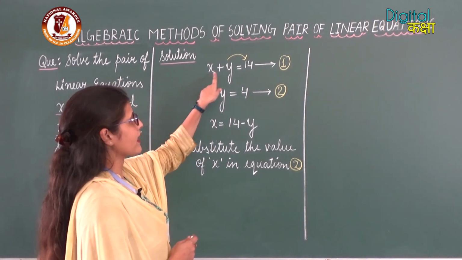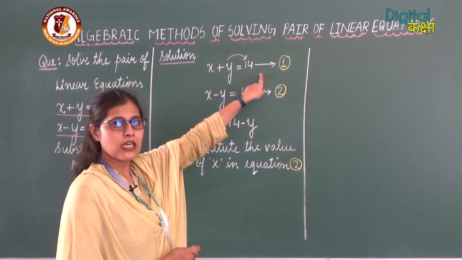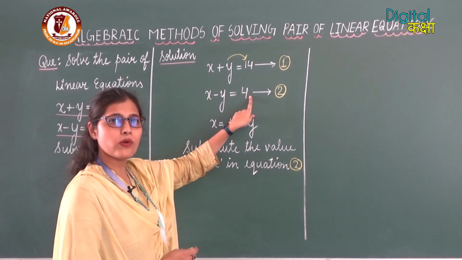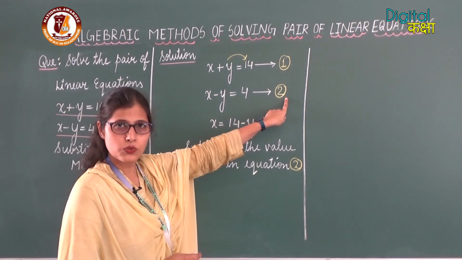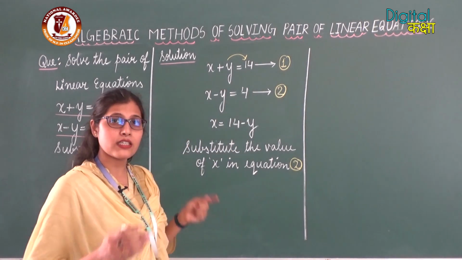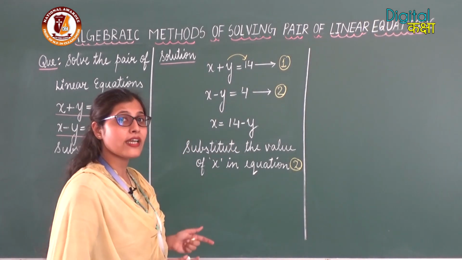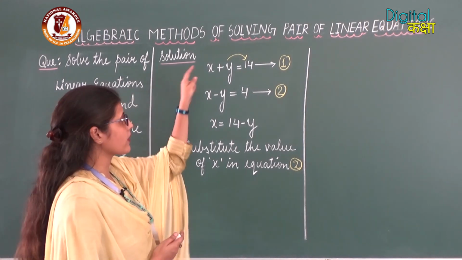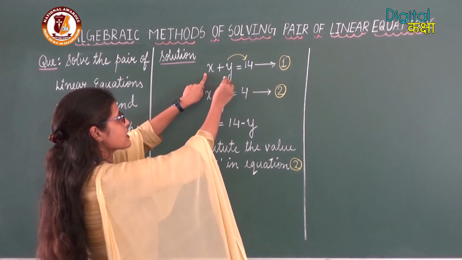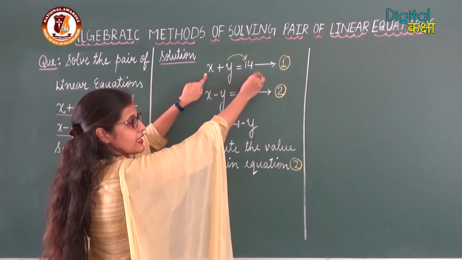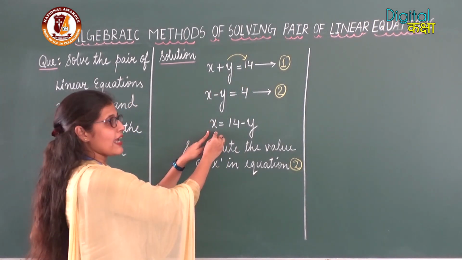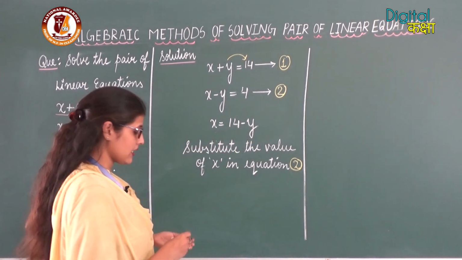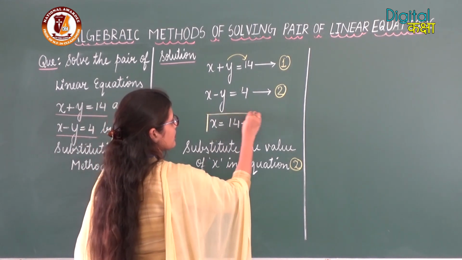Let us write x plus y equals to 14 as equation 1 and x minus y equals to 4 as equation 2. Now as we have studied before, you have to write one variable in terms of another variable. So I will be taking equation 1, shifting this variable y on the right hand side. It will be written as x is equals to 14 minus y. I will be marking it as equation number 3.